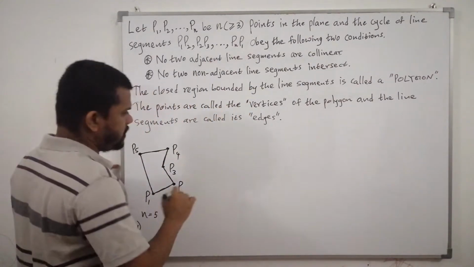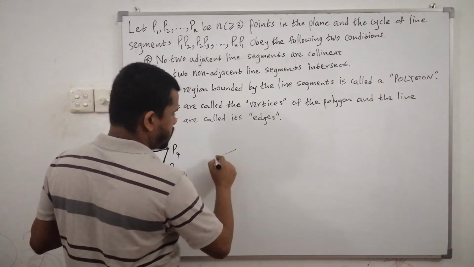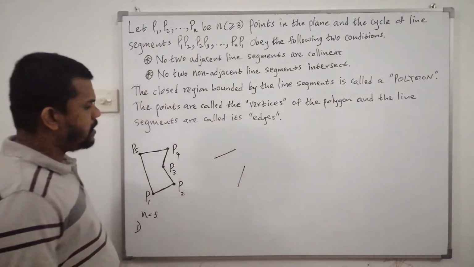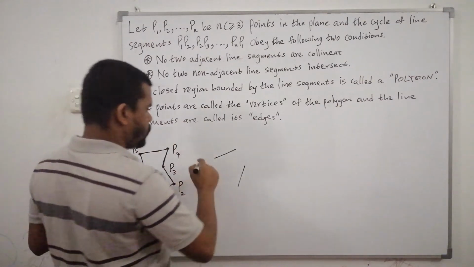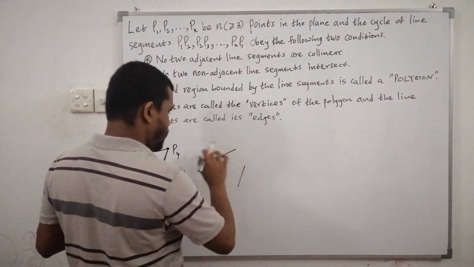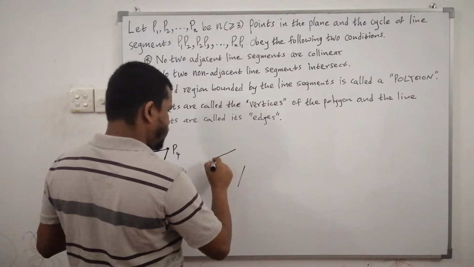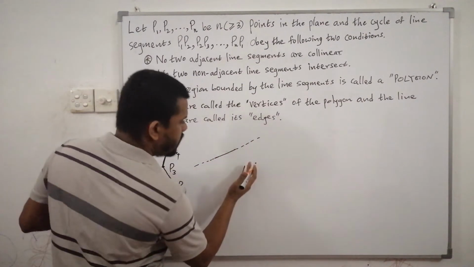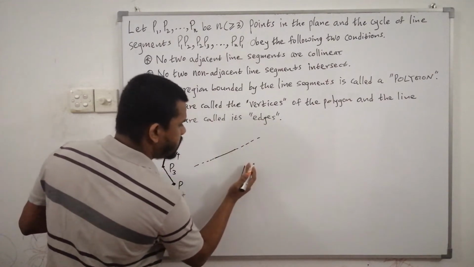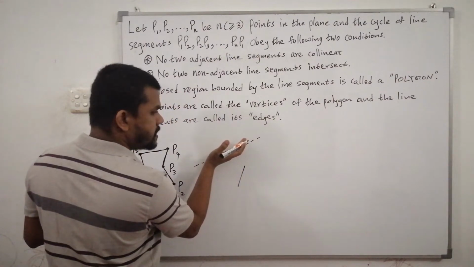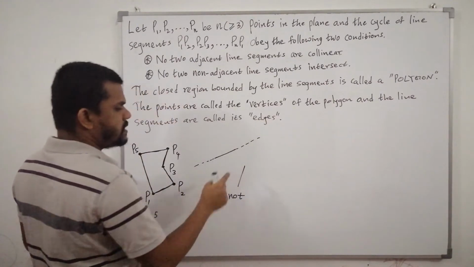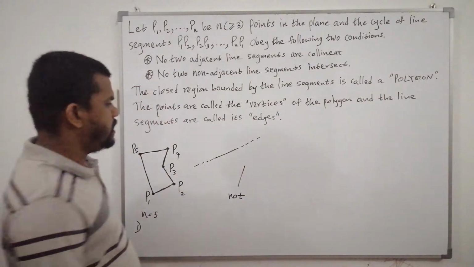Collinear means if you consider two line segments like this, and if we draw a straight line through any one of the line segments, the other line segment is not on this straight line, then we say that these two line segments are not collinear.